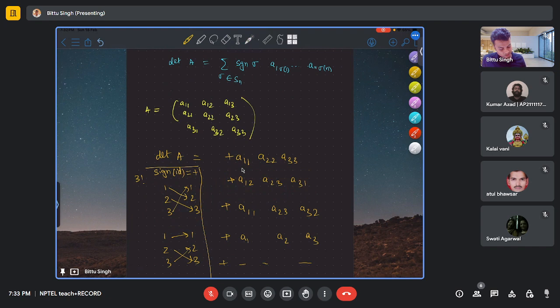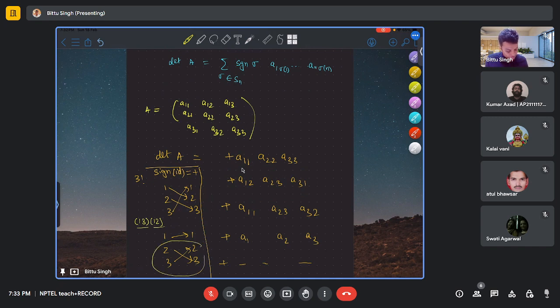This permutation can be written as 1 3 into 1 2. There are even numbers of transpositions. We call it transposition. So sign of this permutation is also positive.